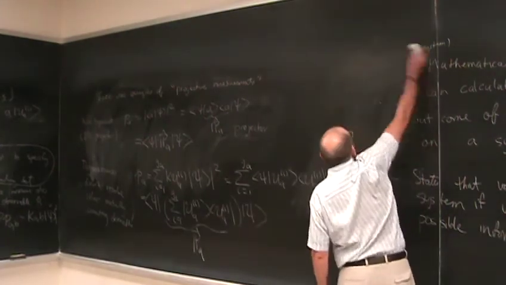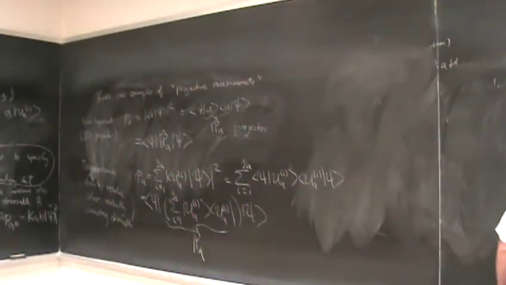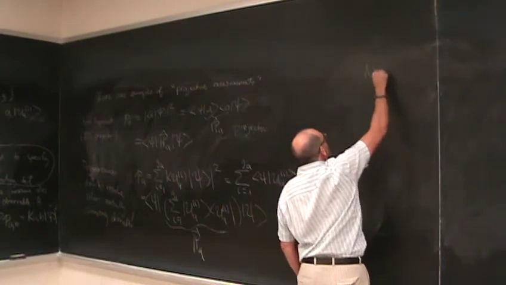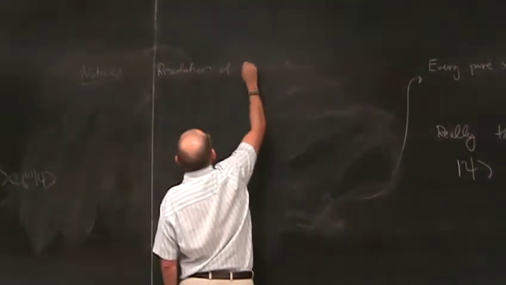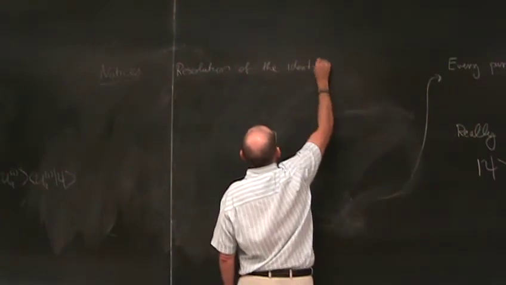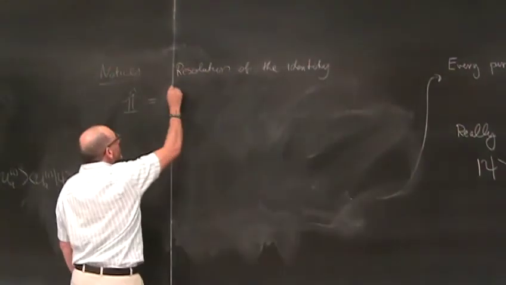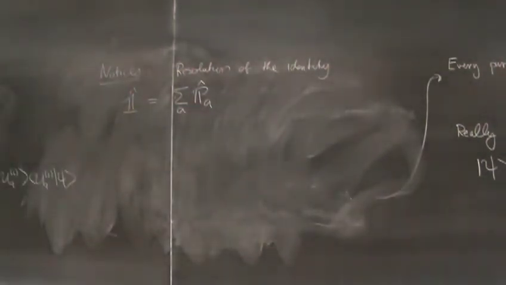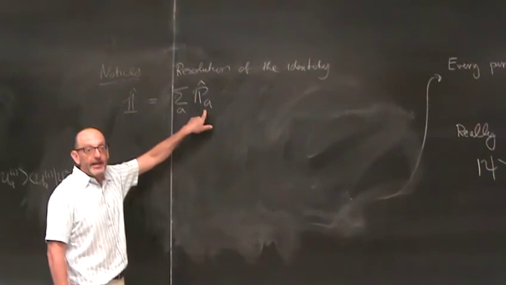Notice, because we have a resolution of the identity, that is to say, for any observable A, we can resolve the identity in terms of projections onto all the spaces associated with the different eigenvalues, right?